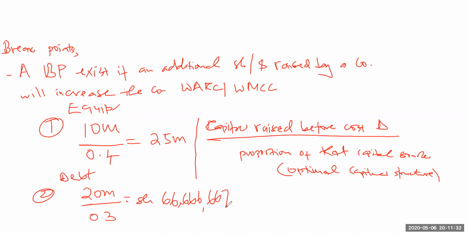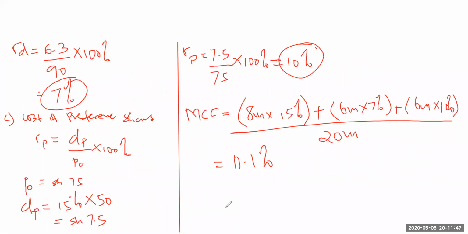Let me illustrate in a simple graphic, to help us understand. In case you're going to raise 25 million, if you remember, we have done the case here for the 20 million.